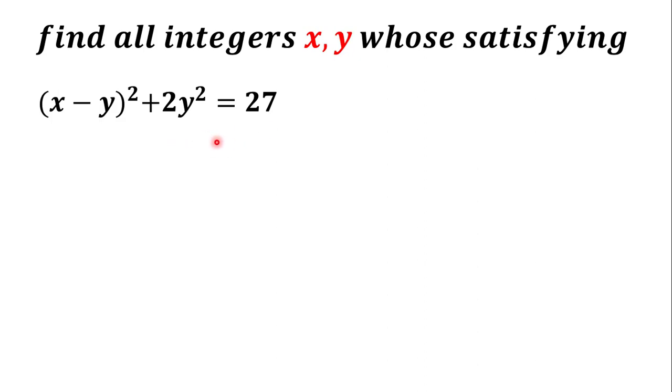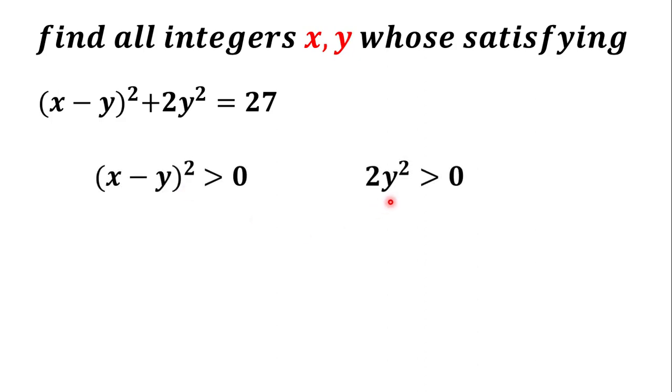But in the first step, we need to find out what the properties of these two numbers are. As you know, (x - y)² and 2y² are always non-negative numbers.